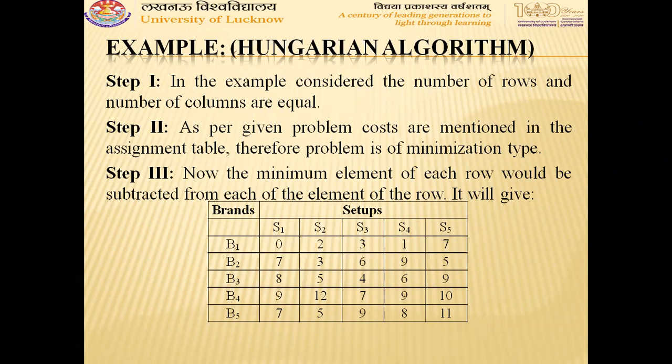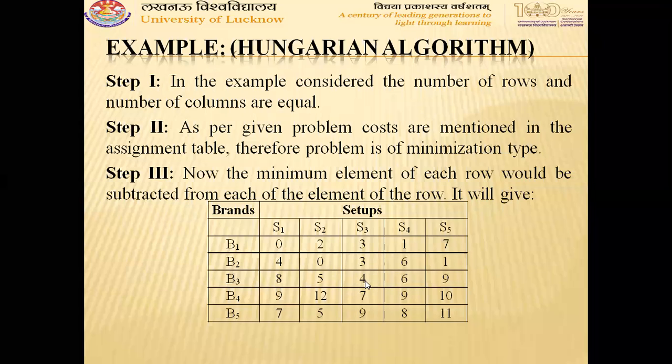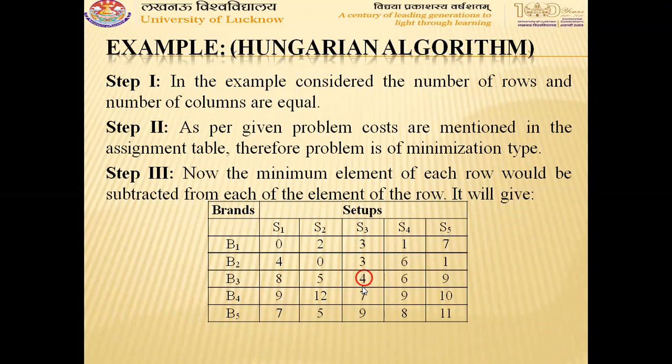Then next step said repeat the process for all the rows. In second row, the minimum element is 3. Now from each element we subtract 3. That is, it would become 4, then 0, 3, 6 and 2. In next row, 4 is minimum.